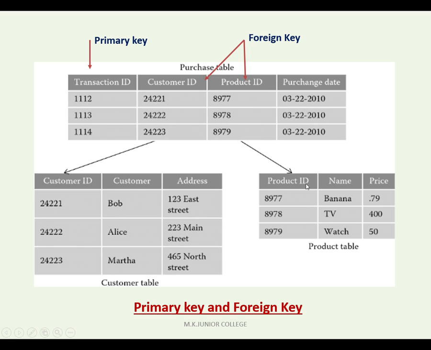Through product ID I can get the information about the particular product. So both keys, which are primary keys in another table, I am using in my main table, and that's why these two keys are called foreign keys.